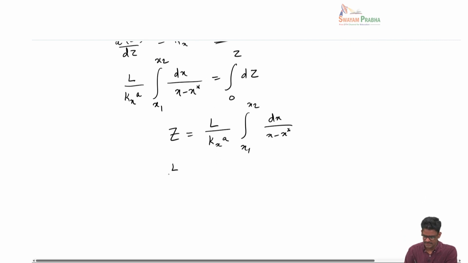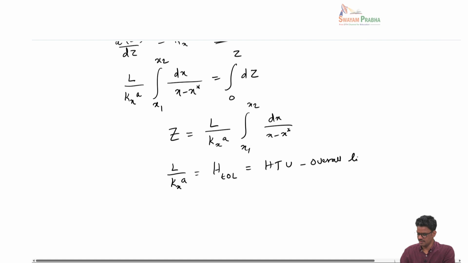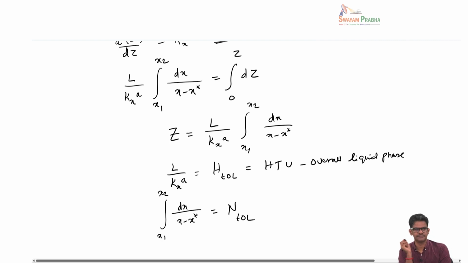We will call this L by Kx a as HTOL, that is the height of a transfer unit with respect to the overall liquid phase. And this term, the integral of dx by (x minus x star) from x2 to x1, we will call this NTOL, which is the number of transfer units with respect to the overall liquid phase mass transfer.